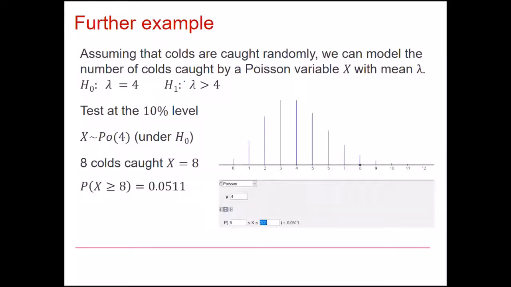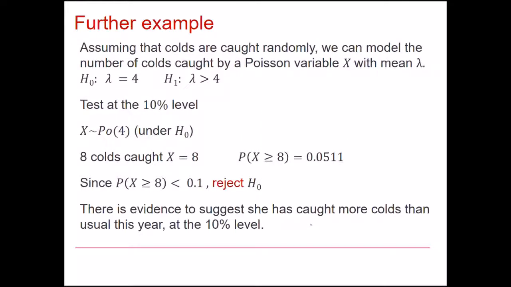Calculating that probability on your calculator will give you 0.0511. Now this is less than the significance level of 0.1, 10%. So this means that there is enough evidence to reject H0. There is evidence to suggest that she has caught more colds than usual this year.